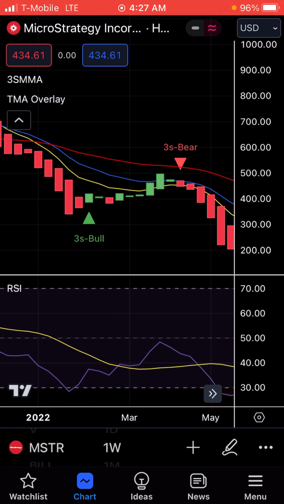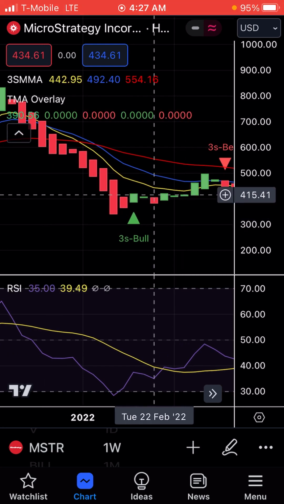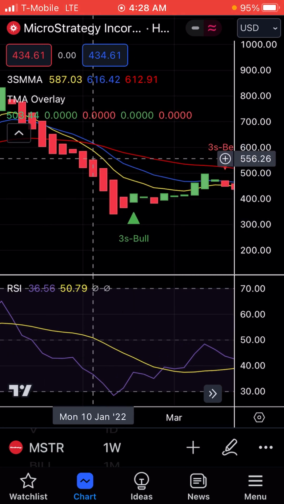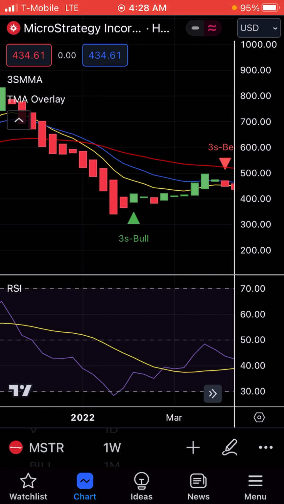So the first thing you need to do is have your moving averages loaded. You need to make sure you're going with the trend. And you go at the moments when it starts colliding, collapsing, and that's the start of either going up or down. You can look at your TMA overlay. Now, when you're doing this on the weekly, you only need to follow one candle because that's a 7-day weekly.